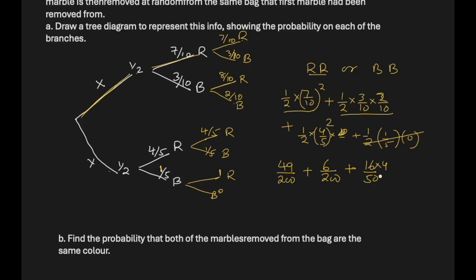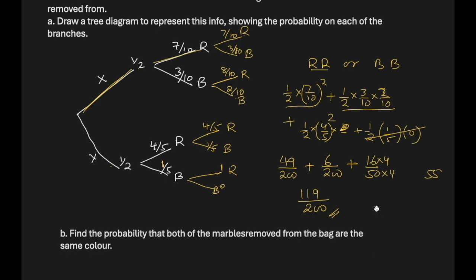So let me multiply this by 4 so that I get 200 here as well. So 49 plus 6 is 55 plus 64, 119. 55 plus 64, yes, 119 over 200. This is the probability that both of the marbles are of same color.